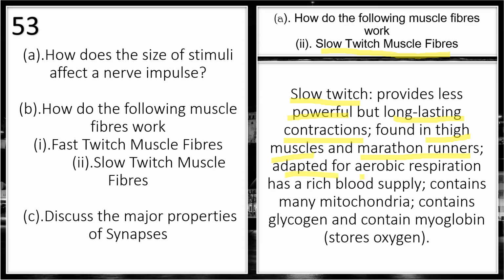They are adapted for aerobic respiration: they have a rich blood supply, contain many mitochondria, contain glycogen, and contain myoglobin, which stores oxygen.